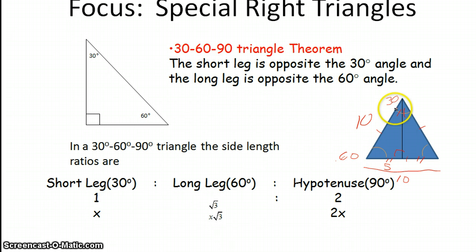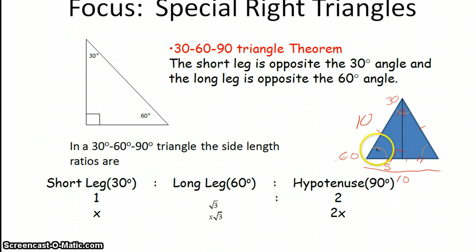So now if I look at the side opposite my 30, I see that it has a length of 5, and when I look at my hypotenuse, I see it has a length of 10. So here is your 1 to 2 ratio, and it works every time. Your hypotenuse will always be double the length of whatever your short side is. Your square root of 3 we get from our altitude.